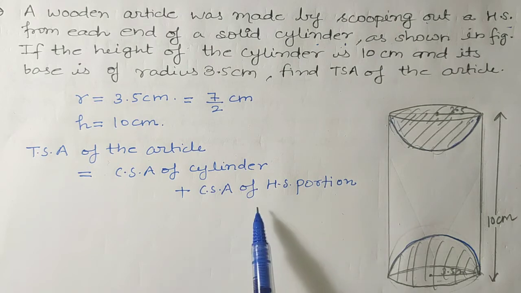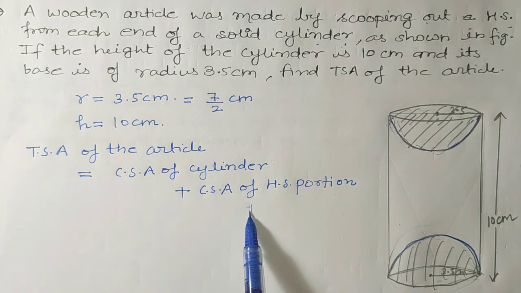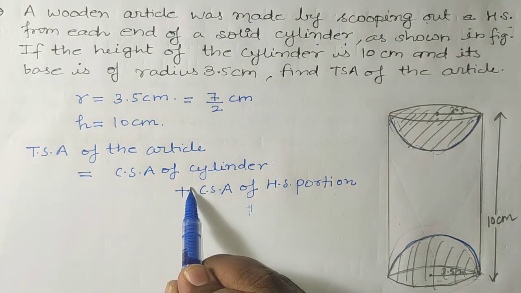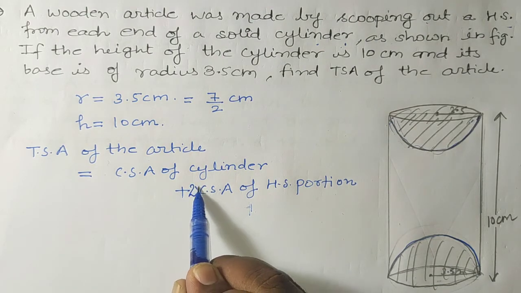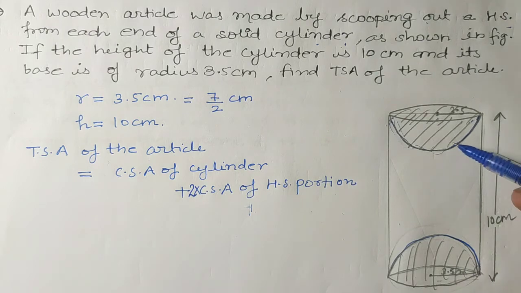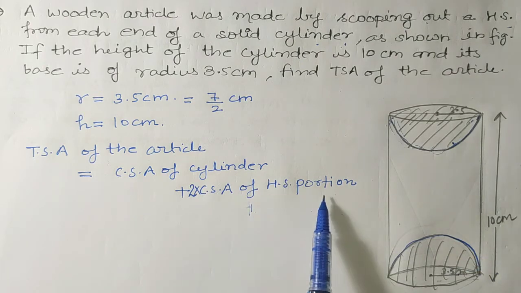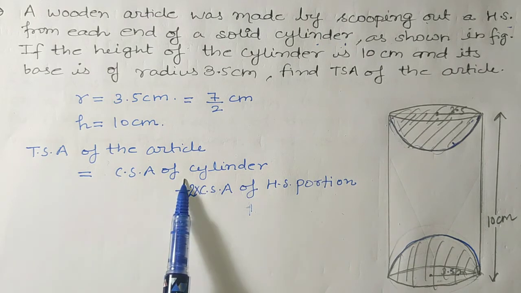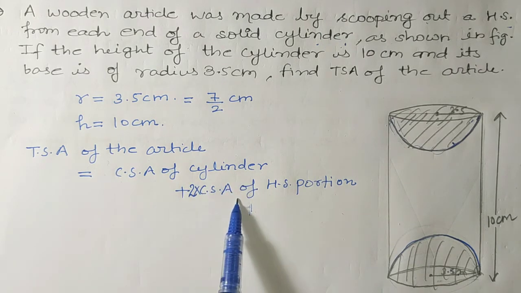So either we can write it separately, that plus curved surface area of hemispherical portion, or we can simply multiply it by 2, one time for this and one time for this. So it is 2 times curved surface area of hemispherical portion. Curved surface area of the cylinder plus 2 times curved surface area of the hemispherical portion.